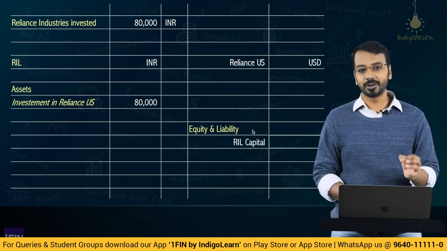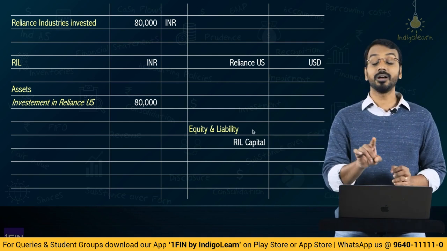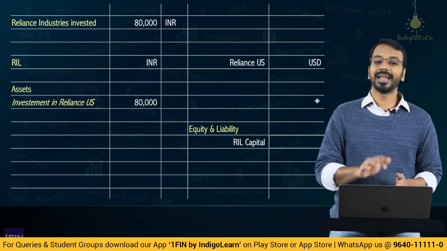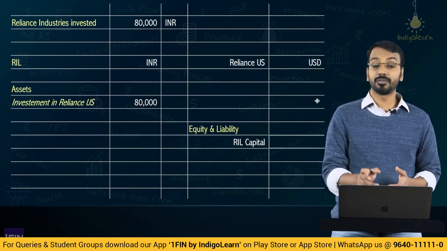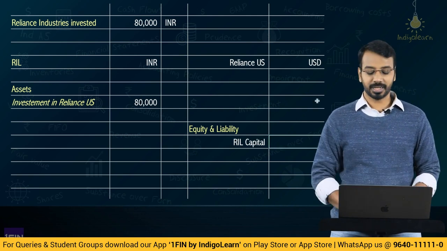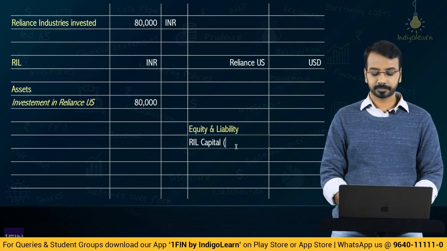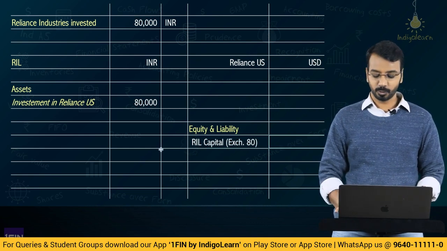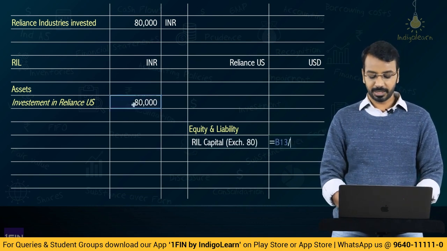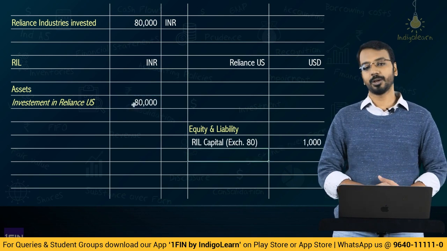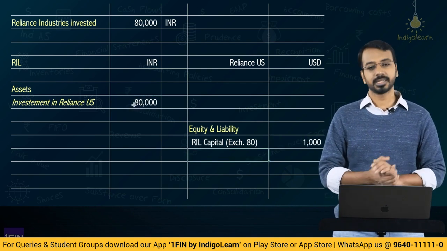You have to convert the foreign currency amount into the functional currency. At what rate will you convert? You will convert using the exchange rate on the date of transaction, and assume for a moment the exchange rate is 80. So 80,000 divided by 80, you get 1,000. This is the financial statement.